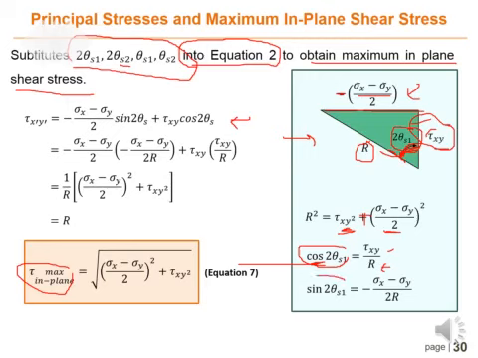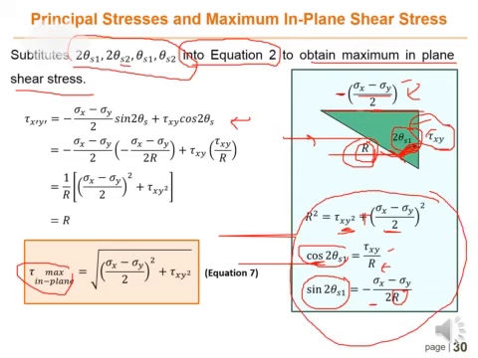And then for sine theta, we have opposite, which is this one, divided by the hypotenuse. So we have negative sigma x minus sigma y over 2, divided by r. These three equations we can substitute into this equation, and you can simplify it.